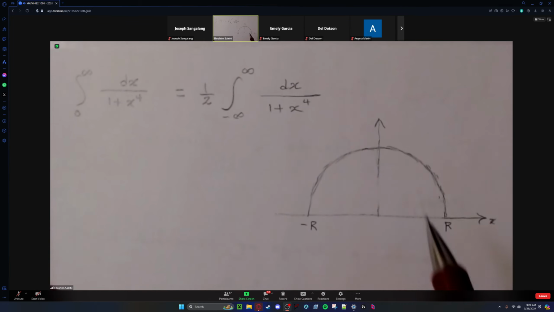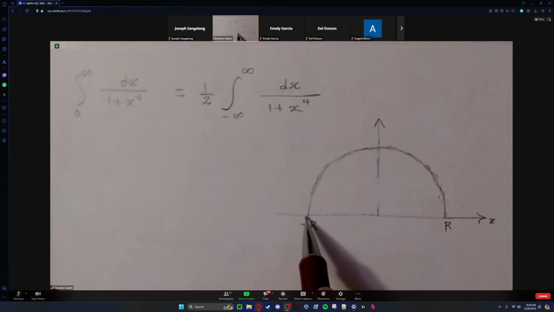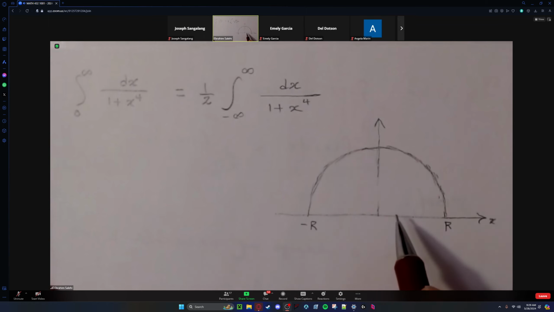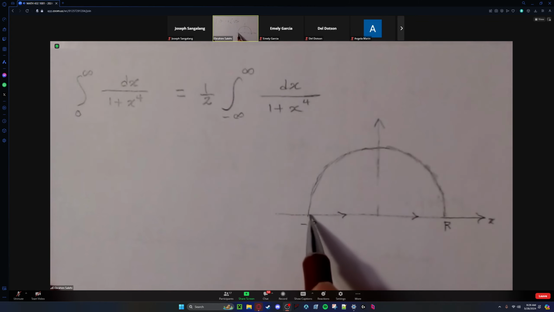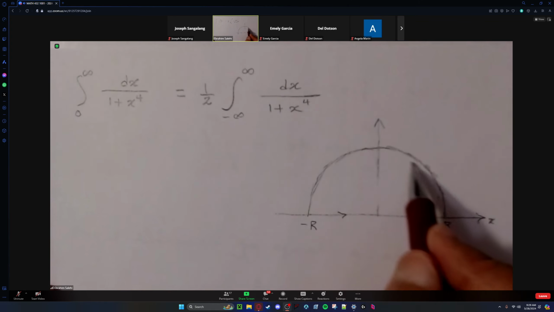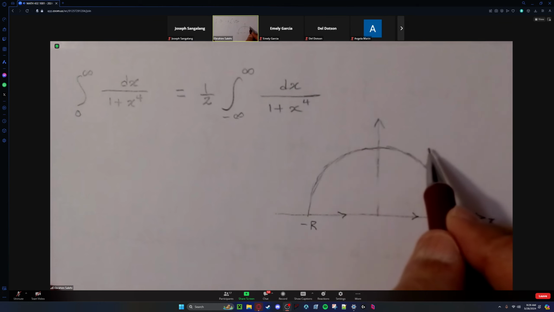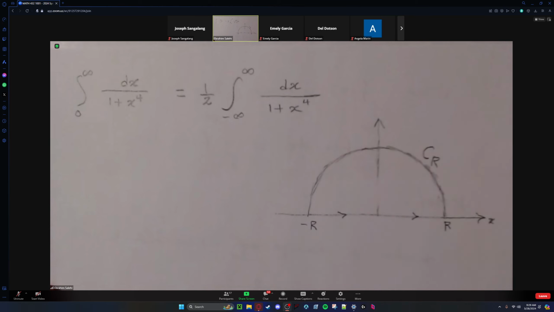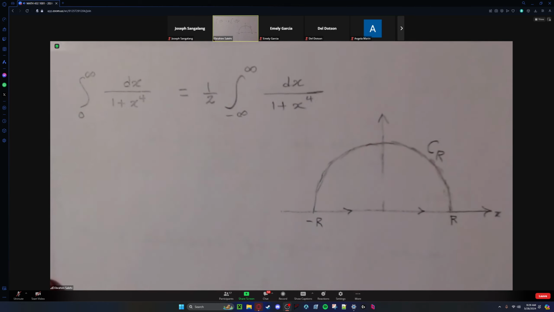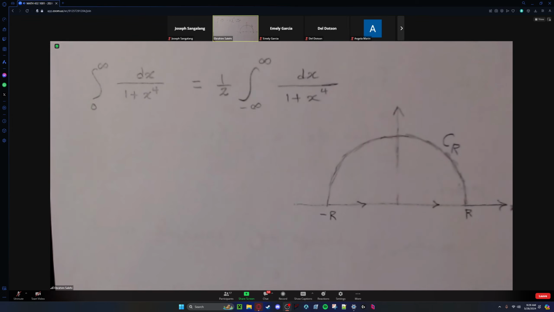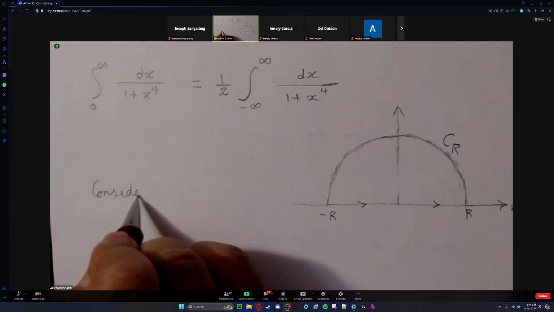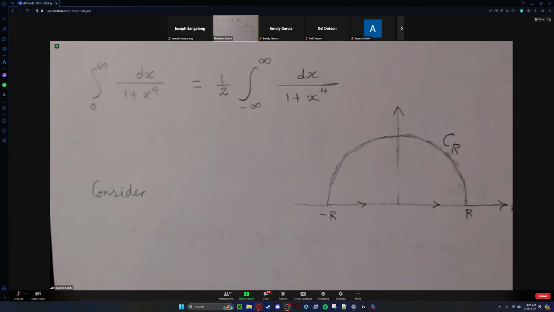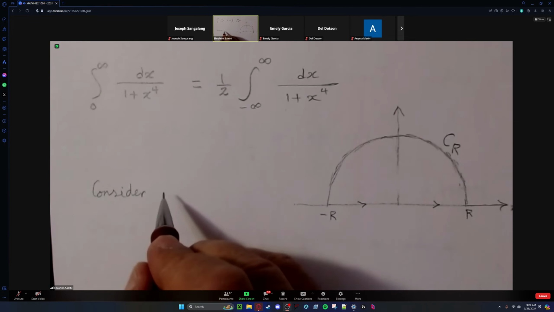By Cauchy theorem, if I integrate counterclockwise, going in this direction, from negative R to R, then on this one, let's call this one CR. So consider the f of z.